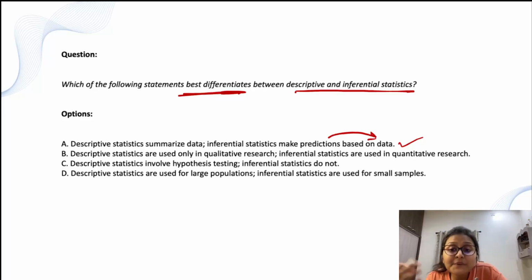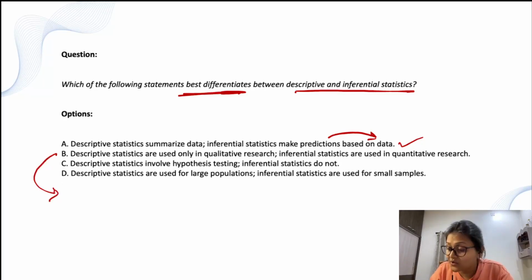Descriptive statistics can be used to summarize responses from a qualitative survey, like how many people are going to like the product, whether they are liking the product or not.